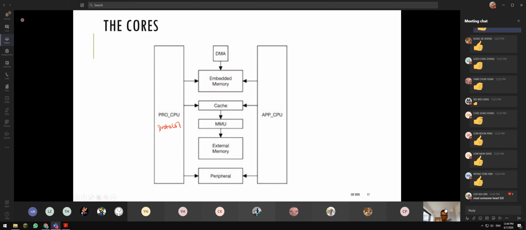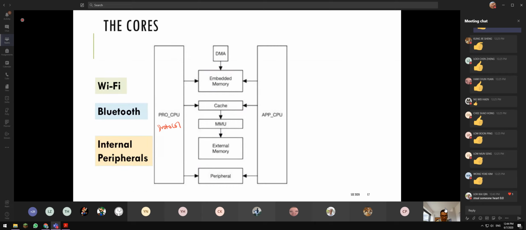The protocol CPU normally handles all the Wi-Fi, Bluetooth, and internet peripherals like SPI and I2C, whereas the application CPU handles your application, your code. And the interesting thing is both processors map the memory location symmetrically. They have two cores, but they share the same resources.